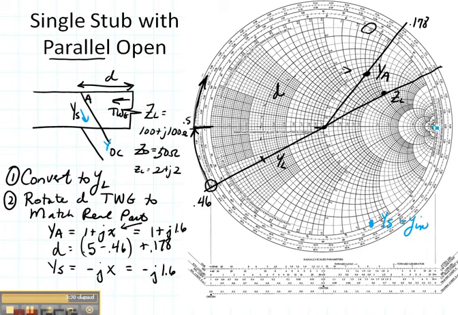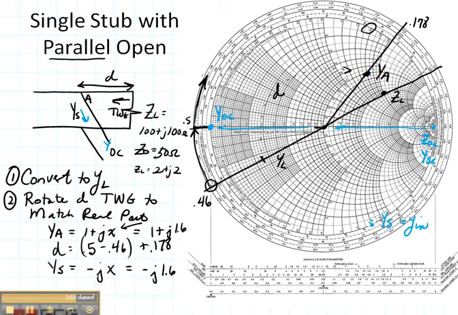If this had been ZOC, if I wanted to find YOC, I would just translate it through the center of the Smith chart. Right here is YOC. This side would have Y for a short circuit, but we're interested in an open circuit in this case.